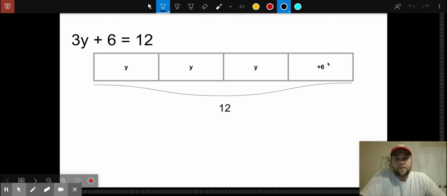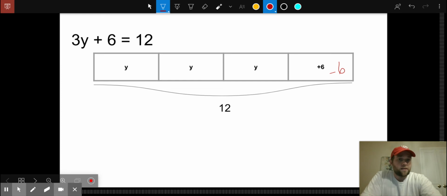So the first step that we have to do is we have to get rid of this positive 6. And when we get rid of it, we're going to undo it by doing the inverse operation or the opposite operation. So if we have to do the opposite of plus 6, we are going to do minus 6 right here. Okay?